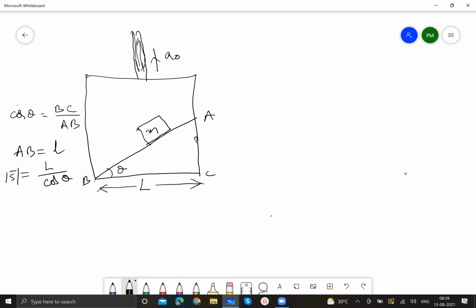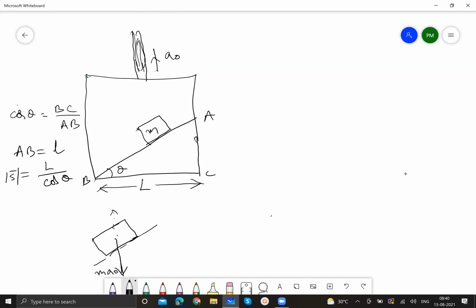Then, if you draw the free body diagram of this block on the inclined plane, because this is on the surface of the inclined plane, it is experiencing an upward force m a naught. In turn, a pressing reaction force will act on the small m in the downward direction.